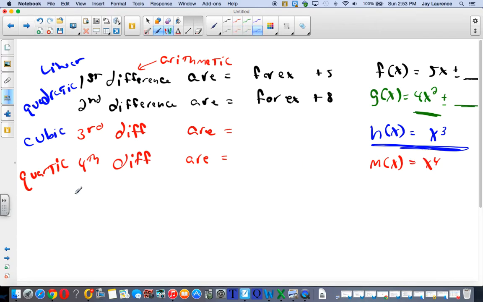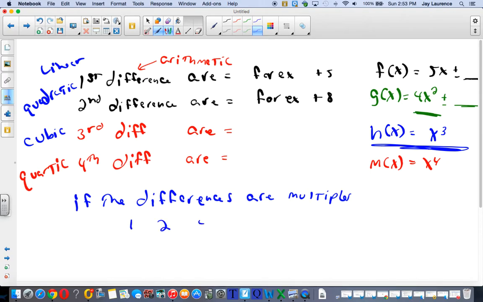Okay, now if the differences are multiples or being multiplied, either case, then we have, for example, 1, 2, 4, 8, and then we go down here, we're going times 2 and times 2 and then times 2.